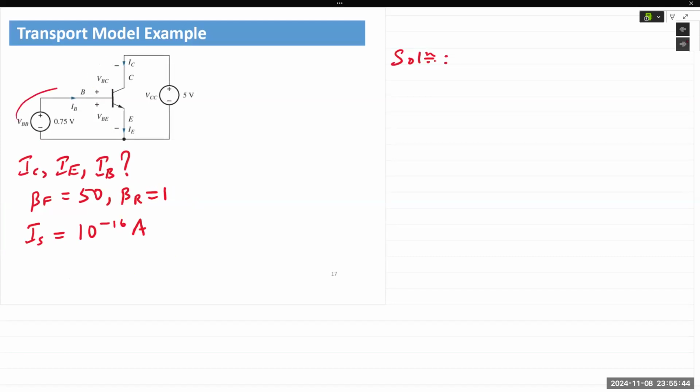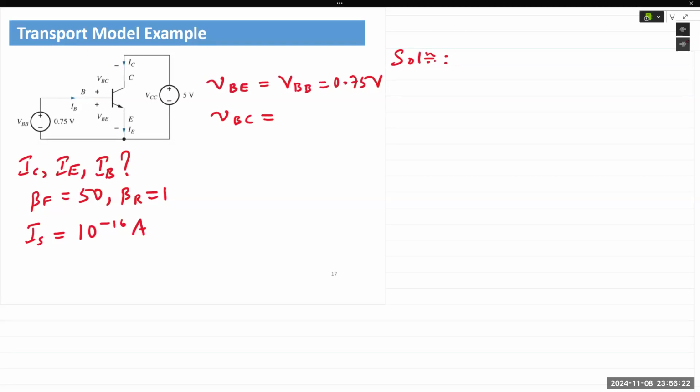If we apply KVL on the input side, we can see there are only two voltages. VBE is equal to VBB, or 0.75 volts. VBC is connected between VCC and VBB. The positive reference is at the base, negative is at the collector, so it's the difference of the two voltages.